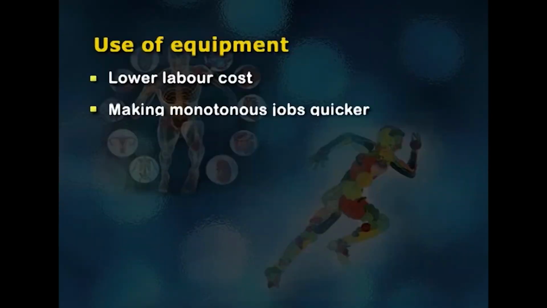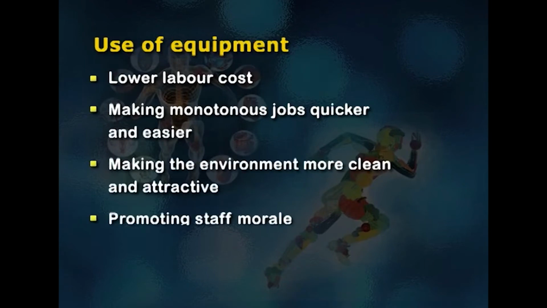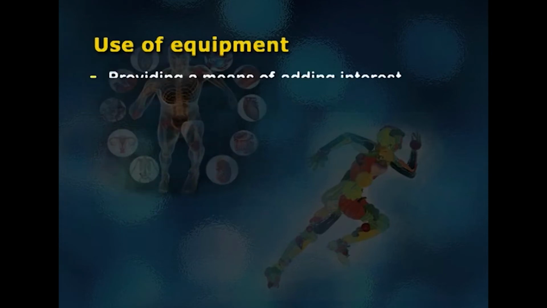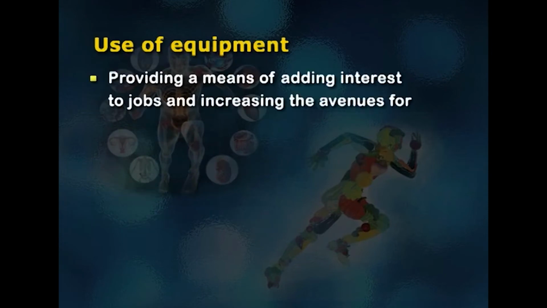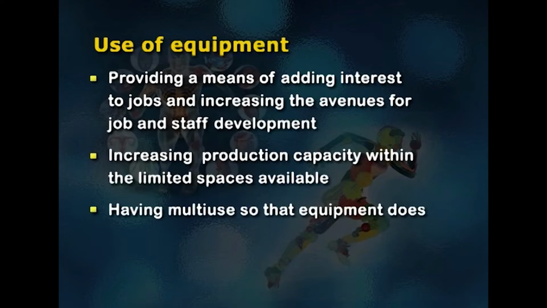For maximizing use of equipment, therefore, selection must be made on the basis of lower labor cost, making monotonous jobs quicker and easier, making the environment more clean and attractive, promoting staff morale, providing a means of adding interest to jobs and increasing the avenues for job and staff development, increasing production capacity within the limited spaces available, having multi-use so that equipment does not lie idle for too long.